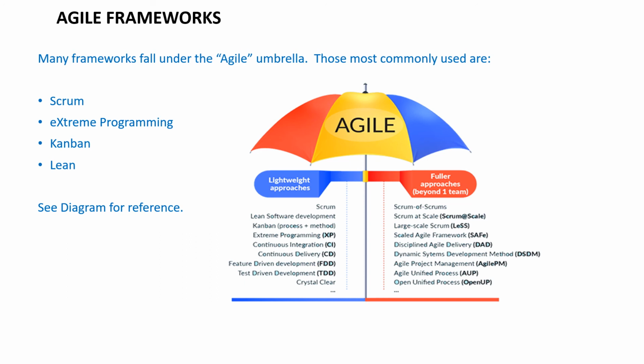Likewise, you have Scrum at Scale, Large-Scale Scrum, Scaled Agile Framework, often referred to as SAFe, Disciplined Agile Delivery, Dynamic Systems Development Method, Agile Project Management, AUP which is Agile Unified Process, and OpenUP, referred to as Open Unified Process. We will cover Scrum and Kanban first, and then later move to the further frameworks.